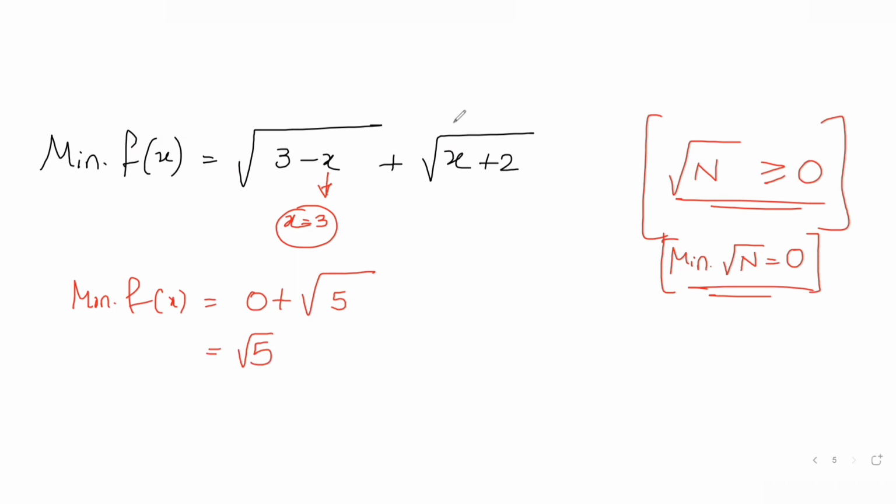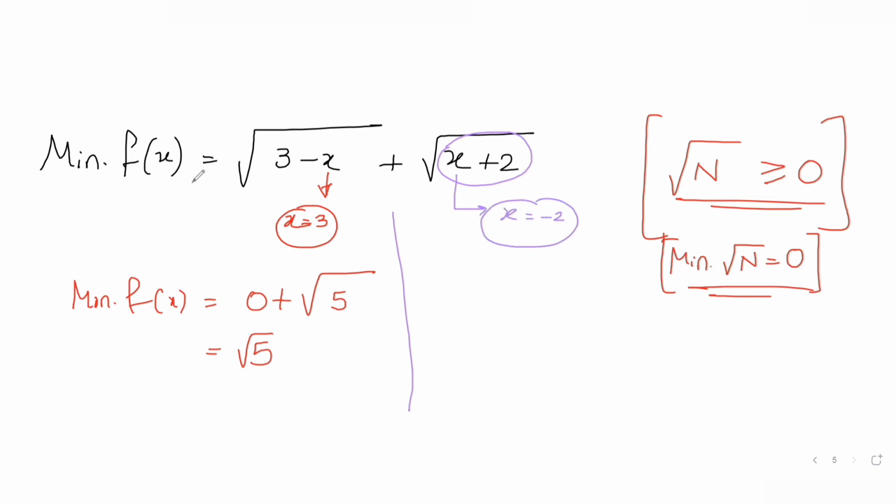Now some of you might ask, if I make this 0, will there be a change in the minimum value of the function? So understand, it won't change. Let's also make this 0 now. To make it 0 here, I would put x as minus 2.